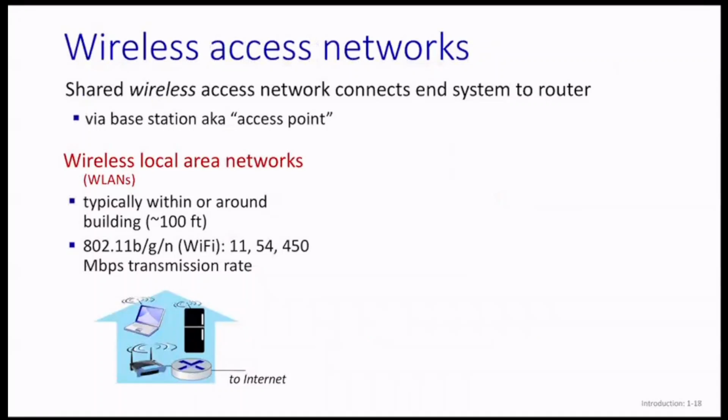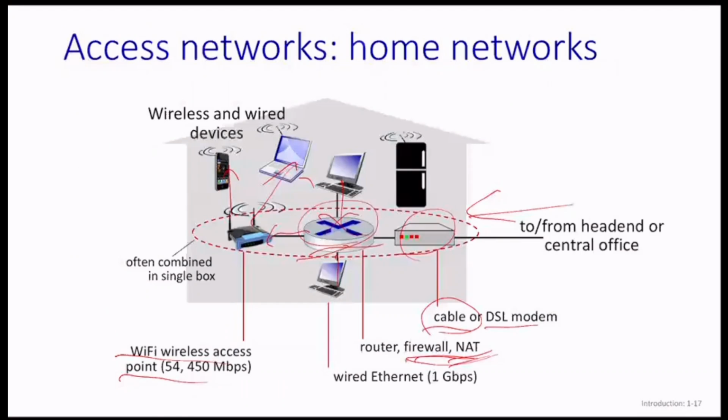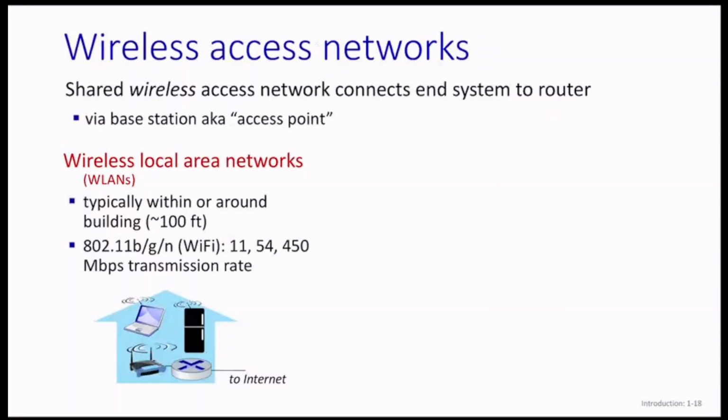Another one is the wireless access network. Here we discuss Wi-Fi, which is also a wireless access network. Now I introduce two different types of wireless access network. We need to use a shared wireless medium to connect the end system to the router. Based on this, there are two types.